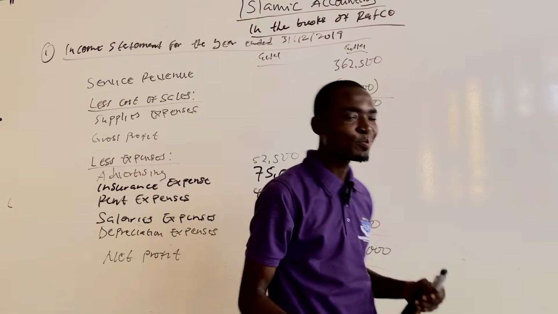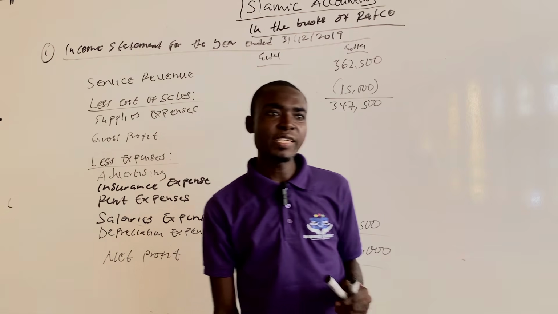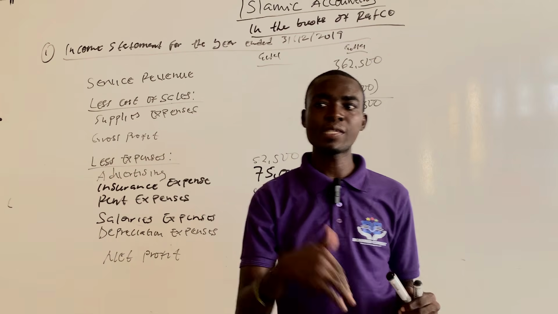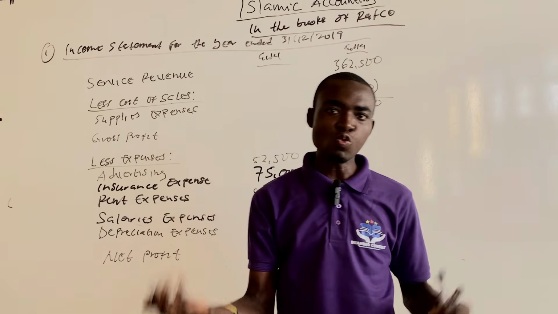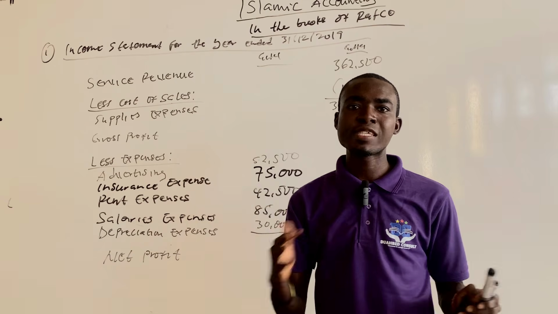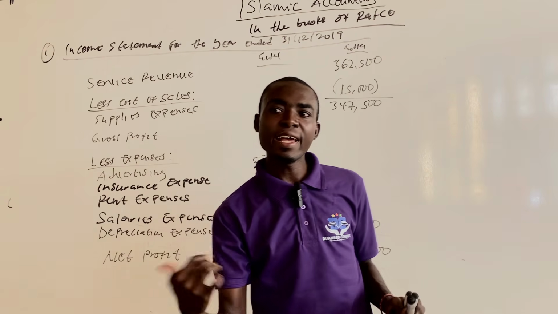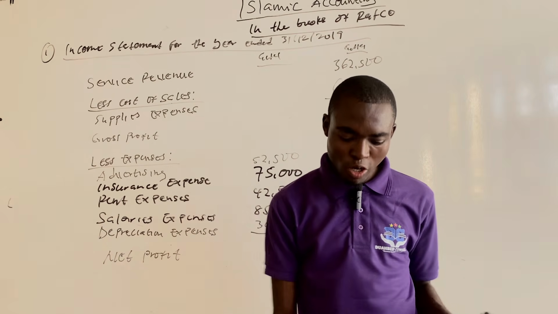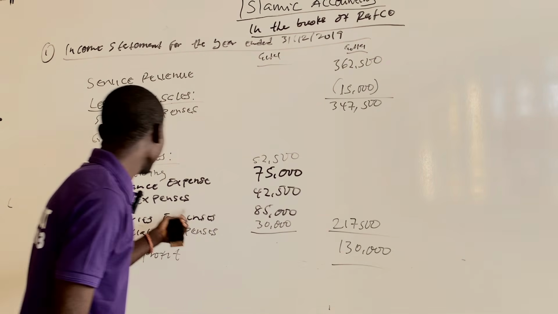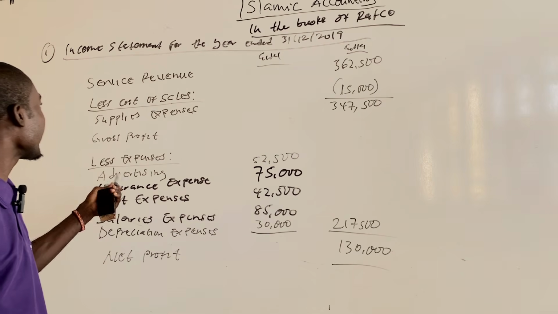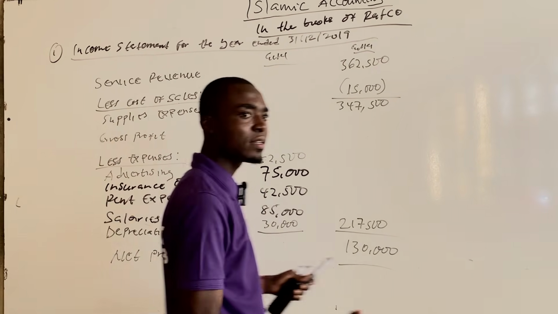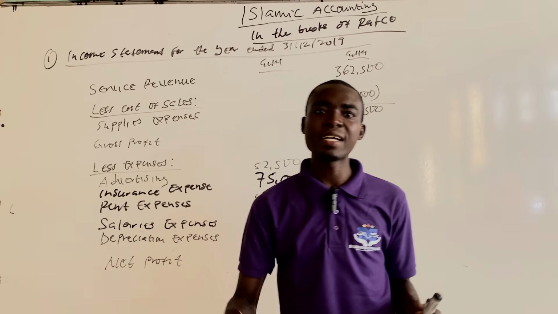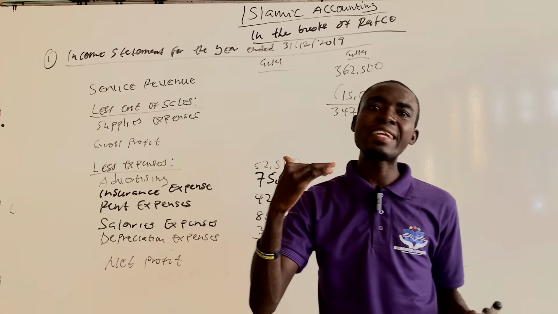Normally when we are preparing the trading profit and loss account, whenever there is a prepaid expense and an accrued expense, for prepaid expense we will add, and for accrued expense we will less as well. But over here, the prepaid expense, for example prepaid insurance, we didn't treat it in the trading profit and loss account or the income statement. The reason is that since the prepaid expense has been given to us in the trial balance, it means the organization has already made the adjustment.